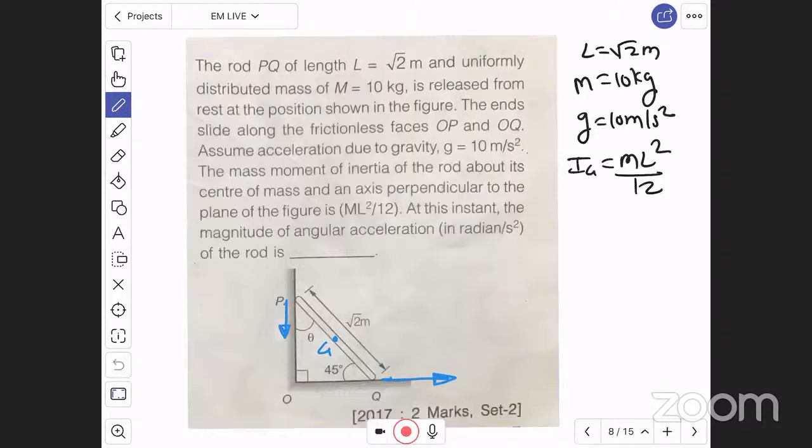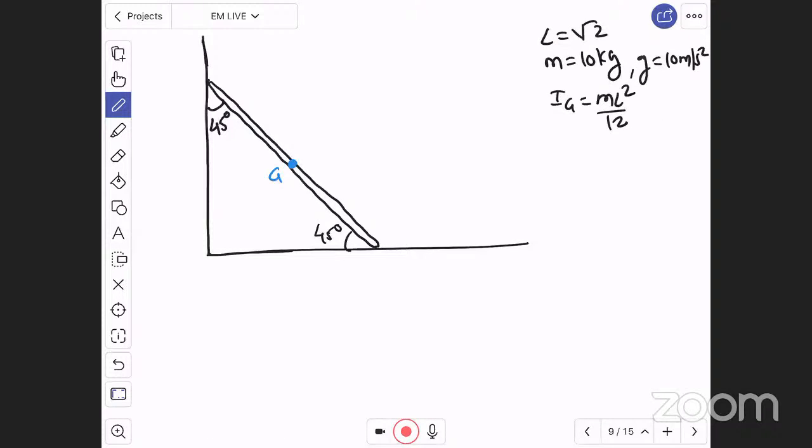Then acceleration due to gravity. About the centroid, center of mass, this G point, I about G is ml square by 12. Write down whatever is given, everything that is given. Right? Just a minute.